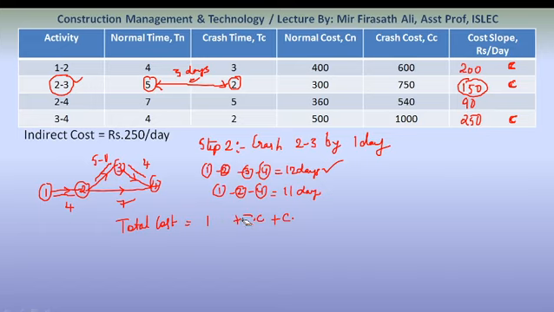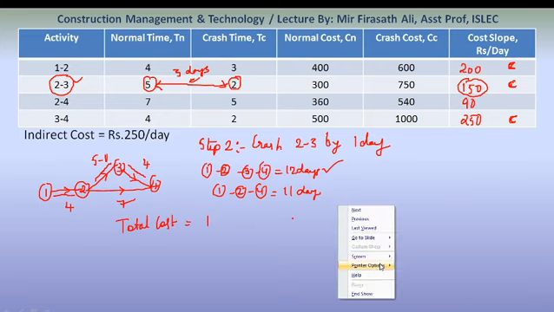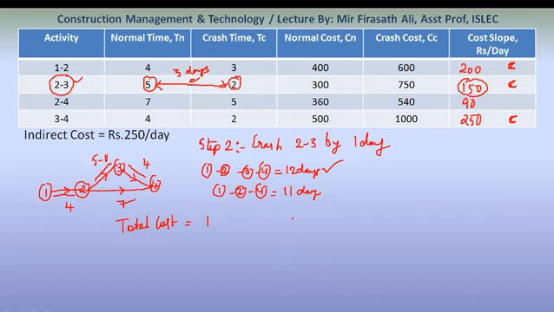The total cost becomes normal cost plus crash cost plus indirect cost. What is normal cost?